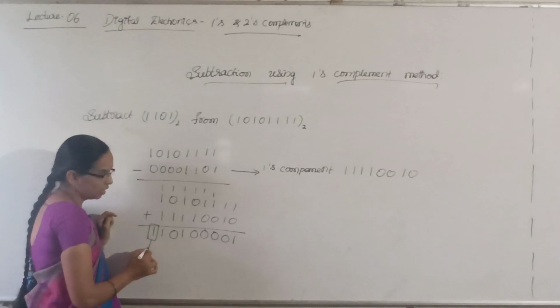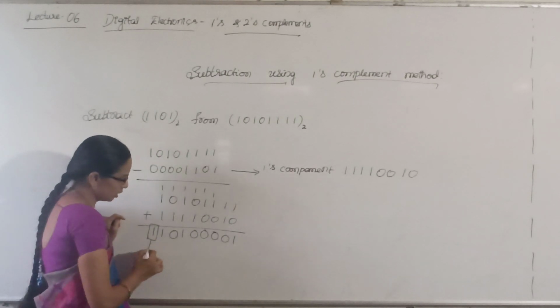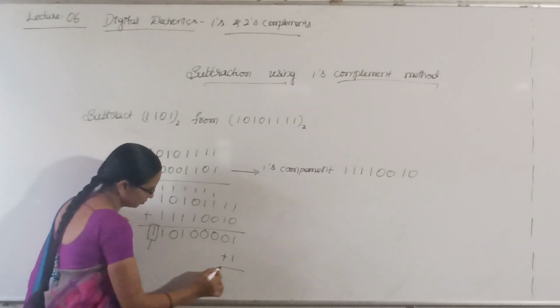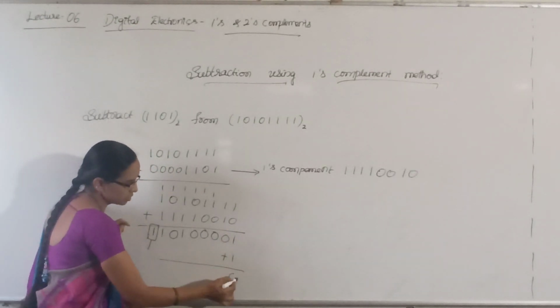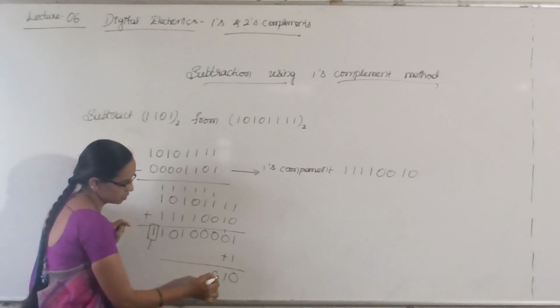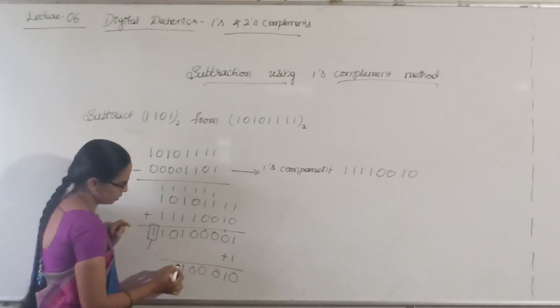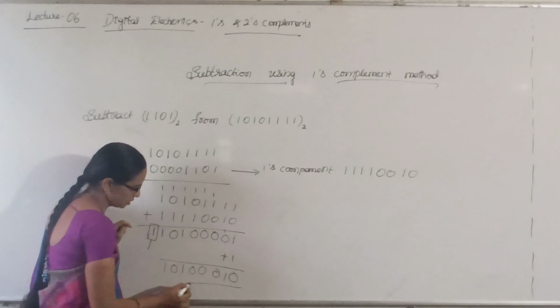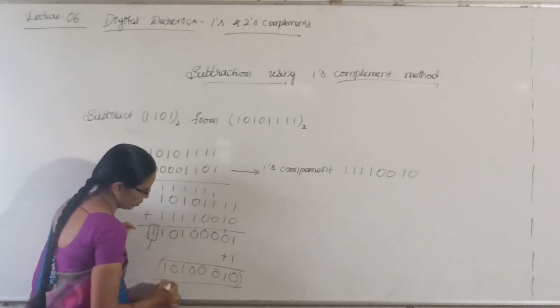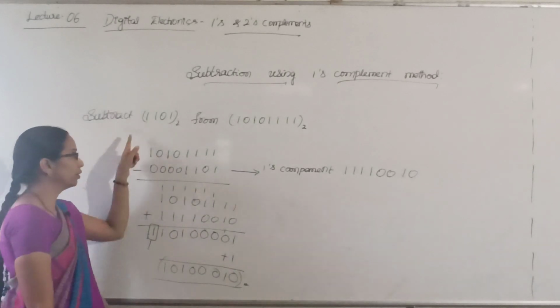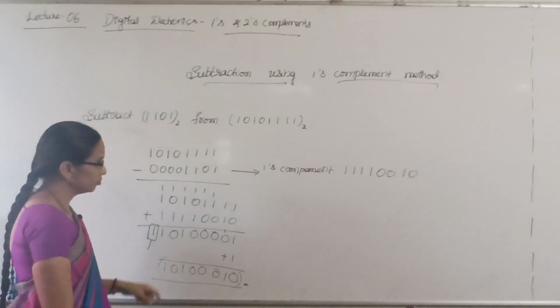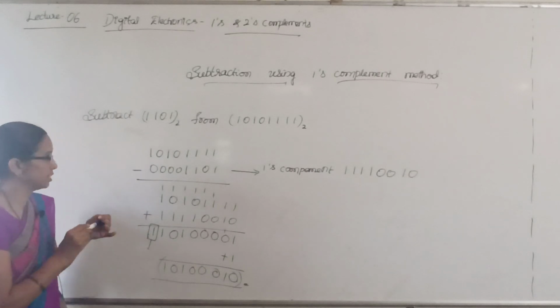This carry will be discarded, or rather it will be added here. This will be removed and 1 is added here. 1 plus 1 is 0, 1, 0, 0, 0, 1, 0, 1. This is our 1's complement answer. If you want, you can convert this and check. The answer will be proper. This is our 13.